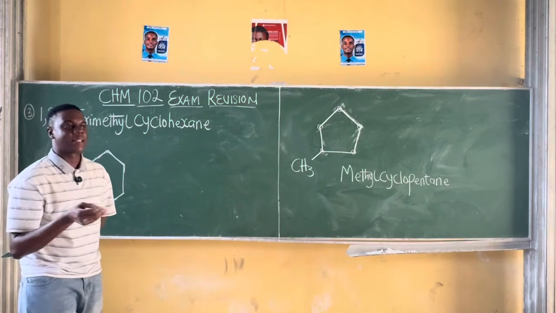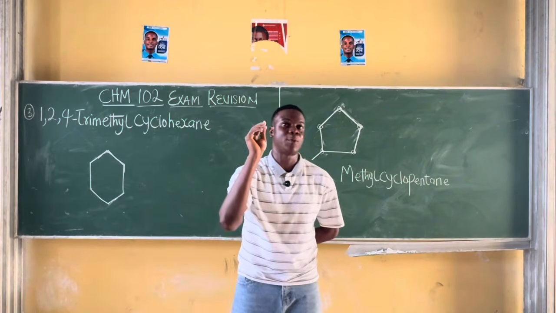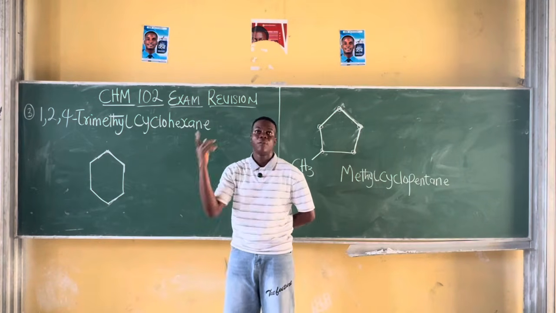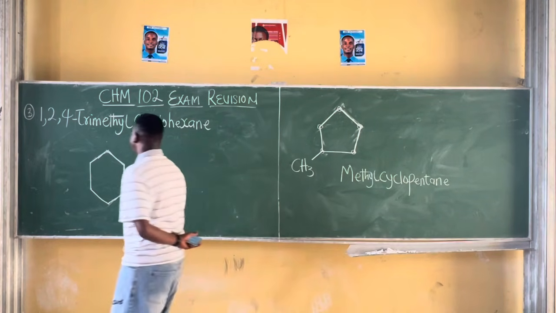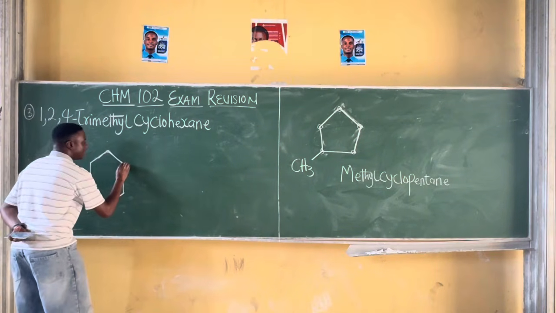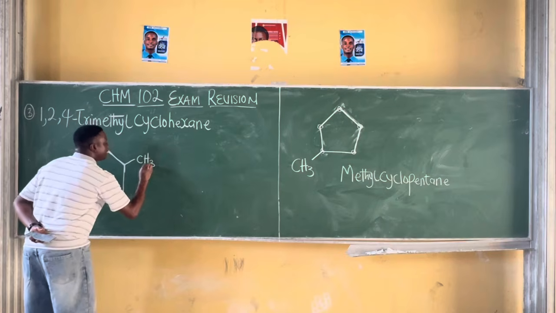Well, this is, I will use the word idiosyncratic. It is just for you. Anywhere you choose as position 1, you can start from that point to get your positions 2 and 4. So in this case, let me just choose here as my position 1. At this point I will put CH3.